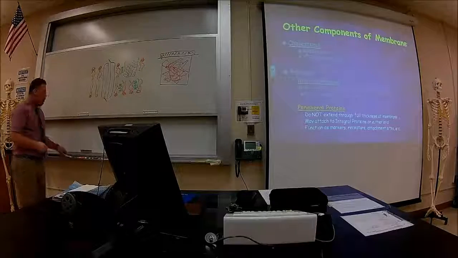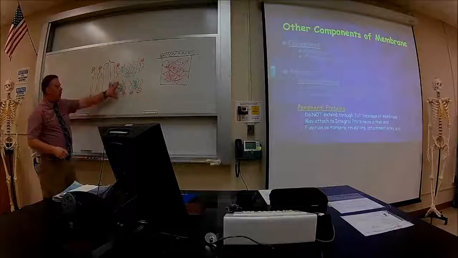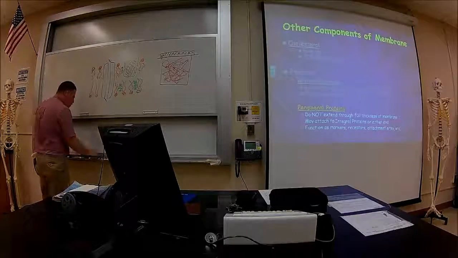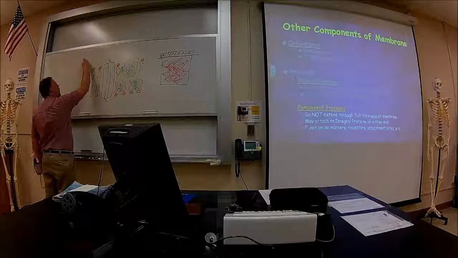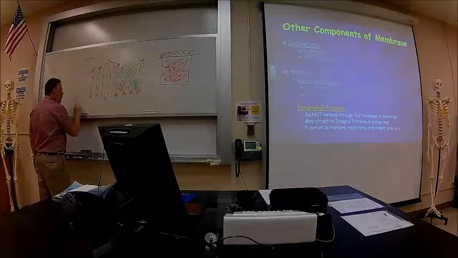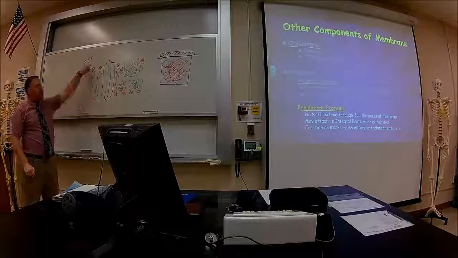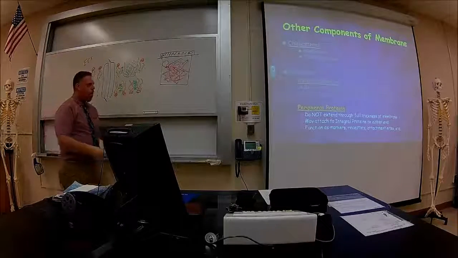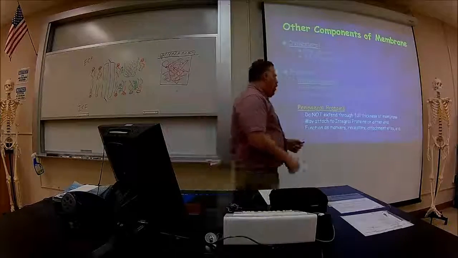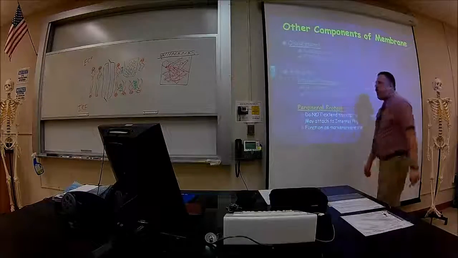The peripheral proteins. We could have them up here, we could have them over here. And if you want to make this full, this could be the extracellular fluid, and this is the intracellular fluid. So this is inside the cell, there's outside the cell. And they may attach to other things.